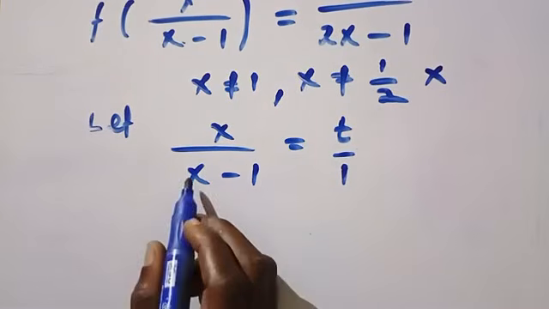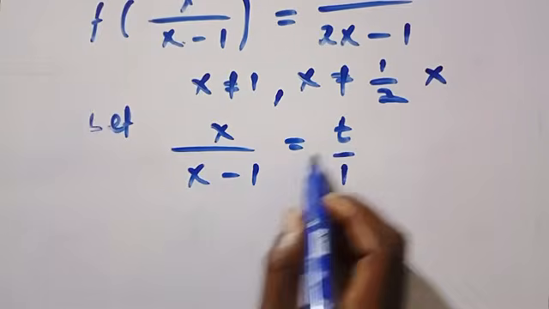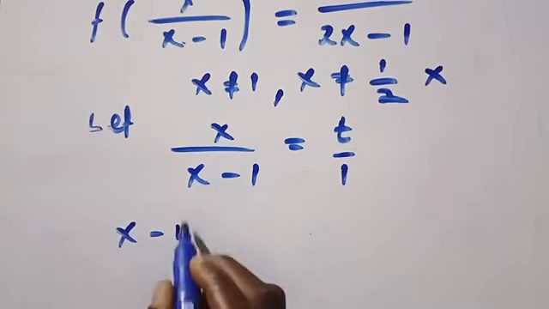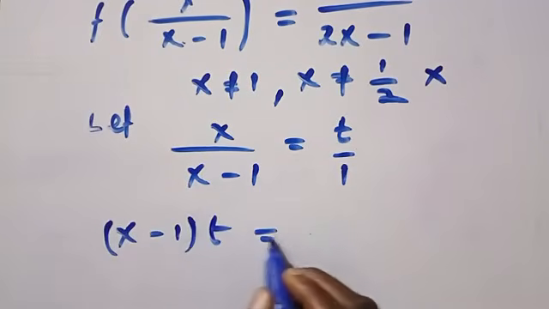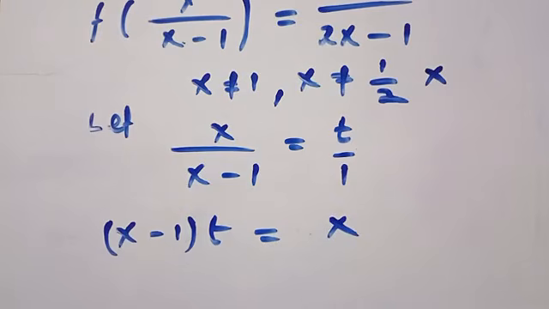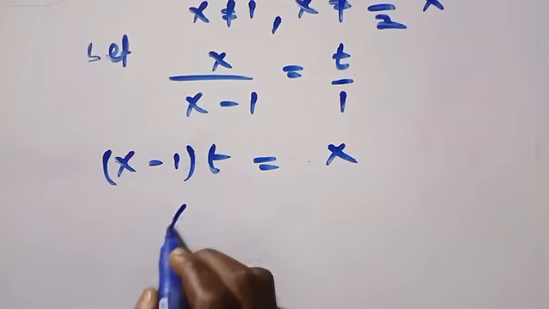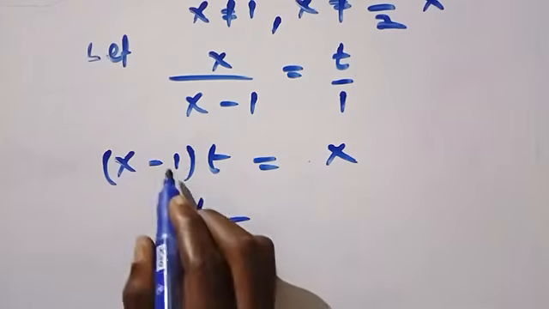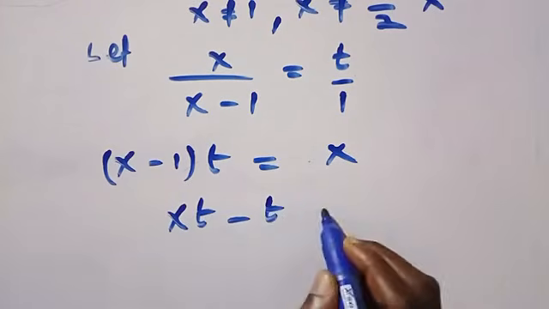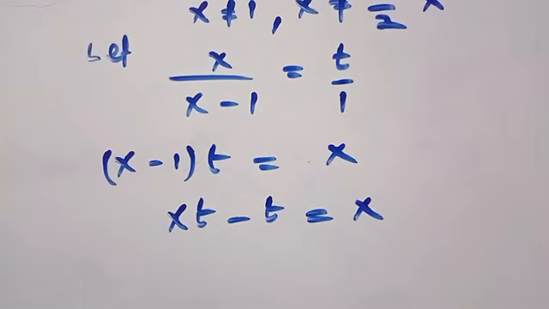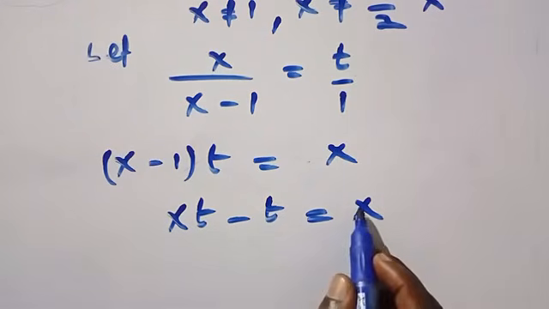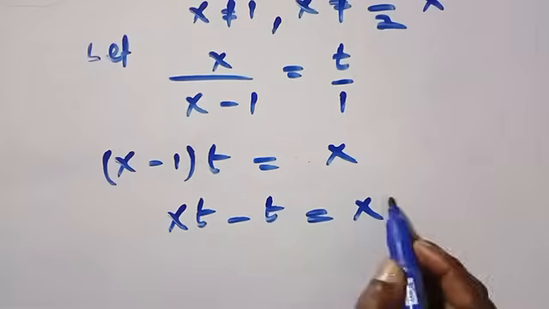When we cross multiply, we have x times x minus 1 times t equals x. And by opening this parenthesis with t, x times t gives us xt, minus 1 times t, that is t, equals x. Then let's take this x to this side and transfer t to the other side.